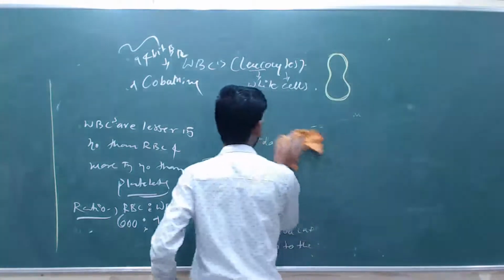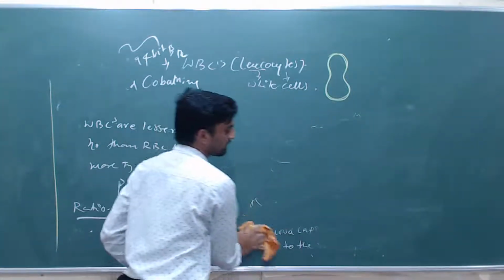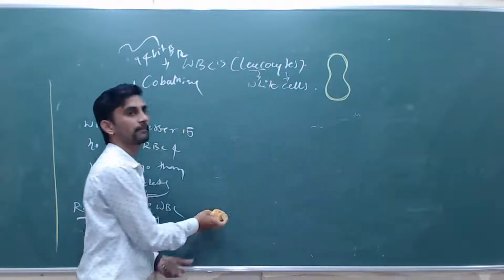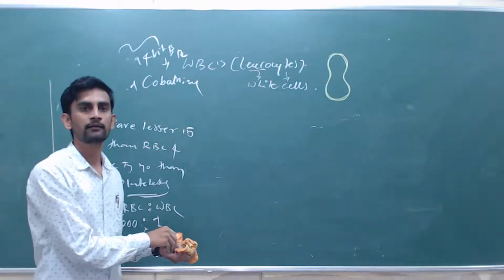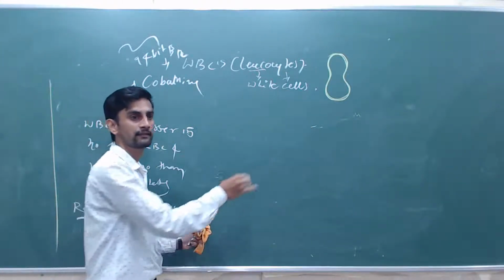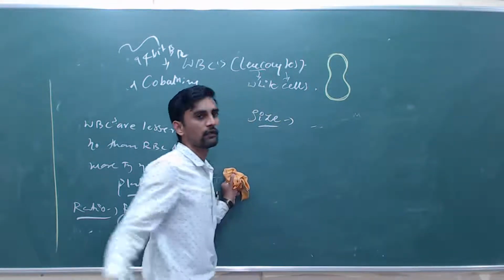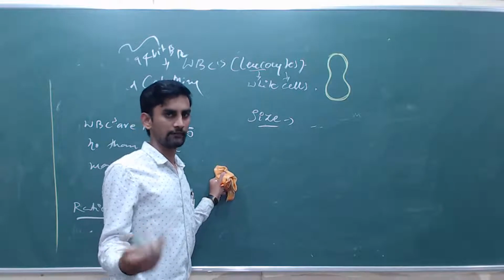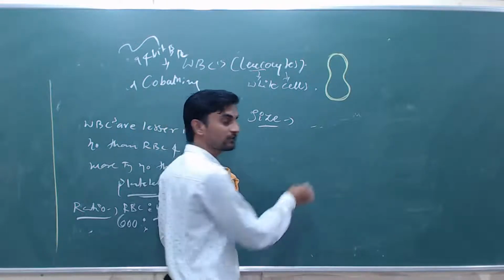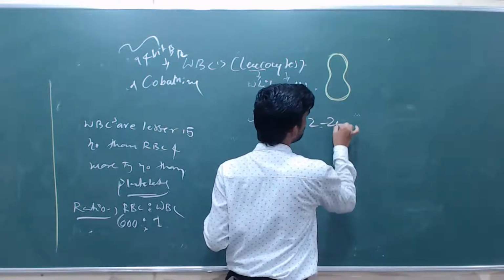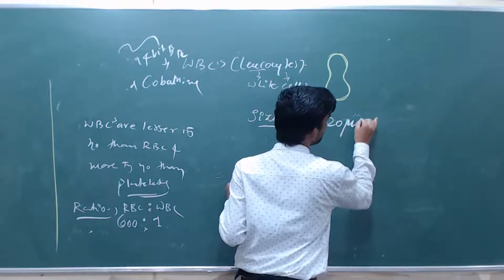Then come across the size. What is the normal size of RBC? RBC size? Let it be RBC over, then WBC you can take 12 to 20.